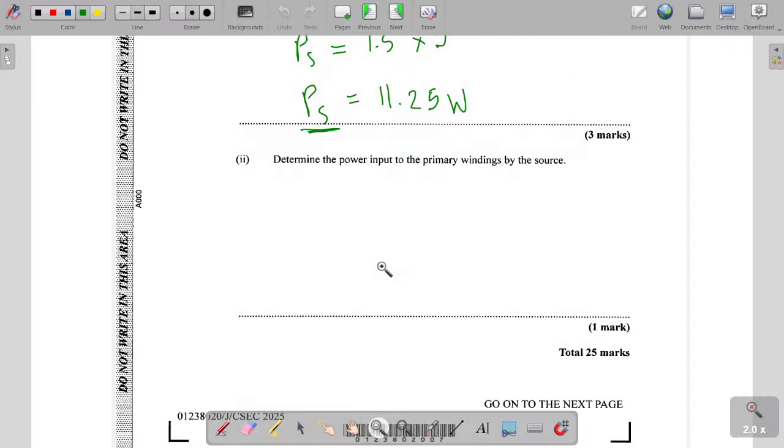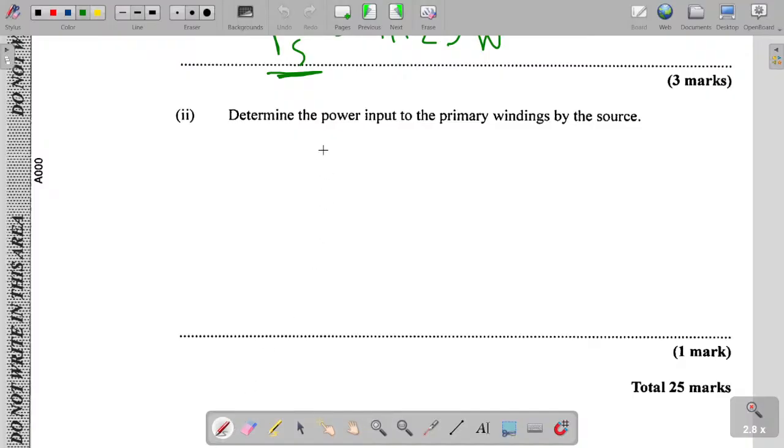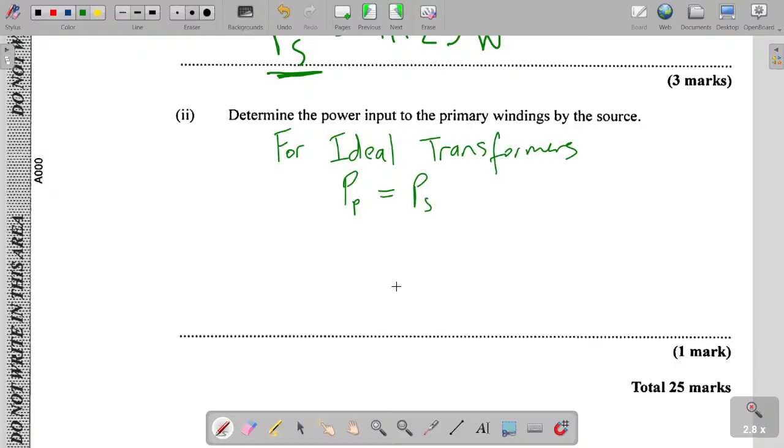What that means is that energy is conserved. So for ideal transformers, we know that the power in the primary coil is equal to the power in the secondary coil.